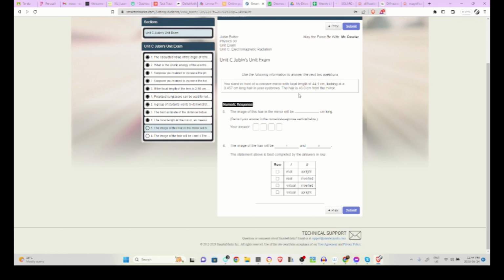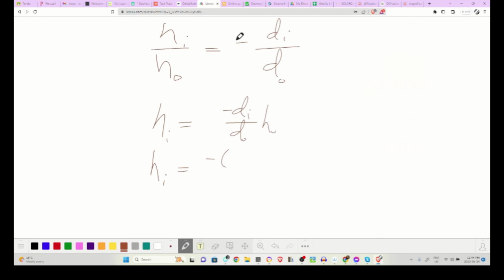Okay, we have the focal length and we have the object distance. We have to get the distance to the image from that. Okay, so we can't do this step quite yet. We have to do 1 over f is 1 over dO plus 1 over di.